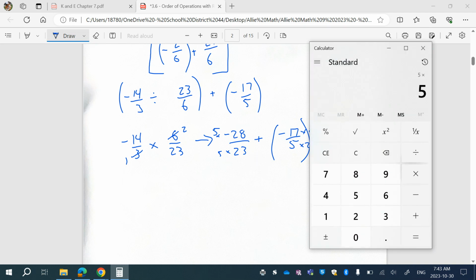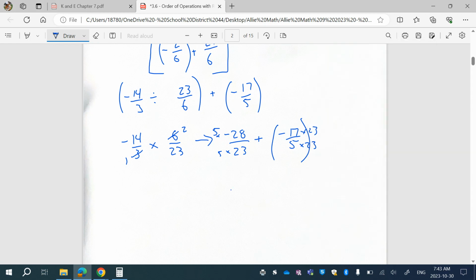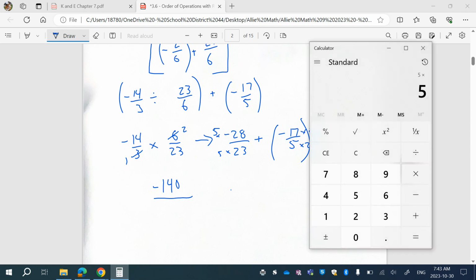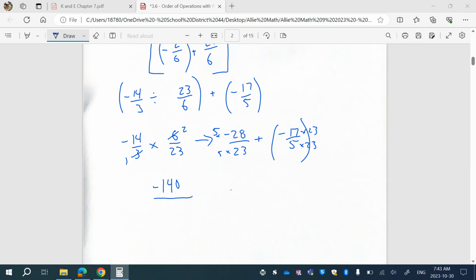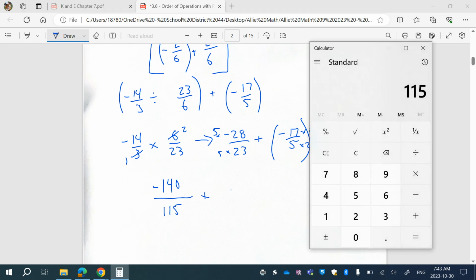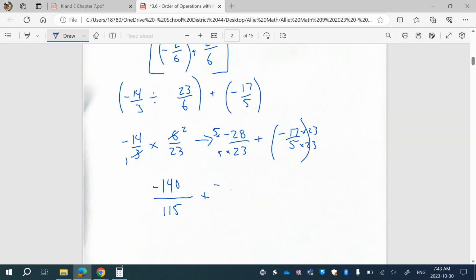Okay, 5 times 28, though it's going to be a negative, is 140. Negative 140 over 5 times 23, 115, plus 17 times 23, 391, but it's a negative, negative 391 over 5 times 23.